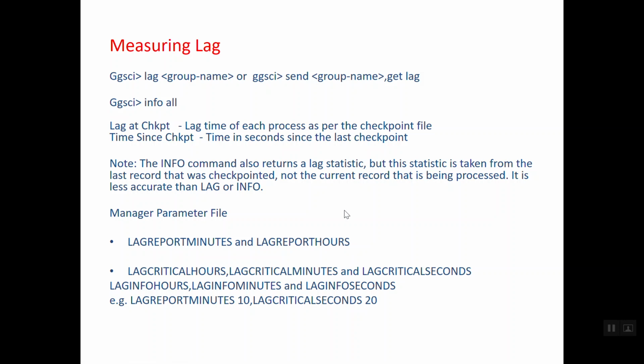Time since checkpoint is the time for how long it has taken to write to a checkpoint file. This lag will increase in some scenarios where there is a long running transaction.